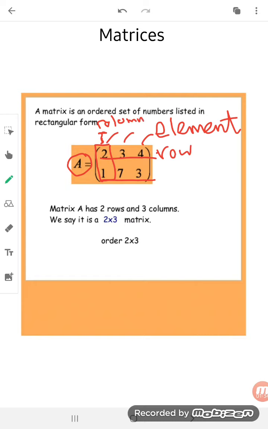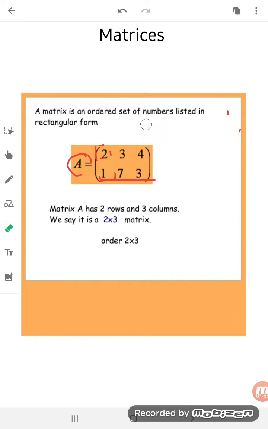So the matrix consists of rows and columns. The order of the matrix is the number of rows and the number of columns. The number of rows first and the number of columns second.